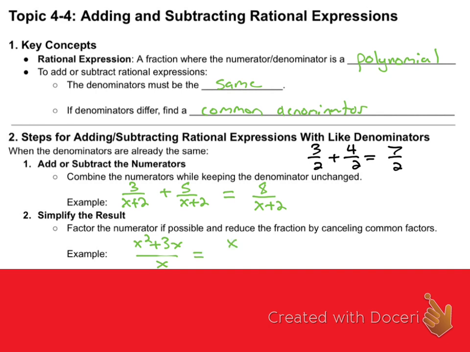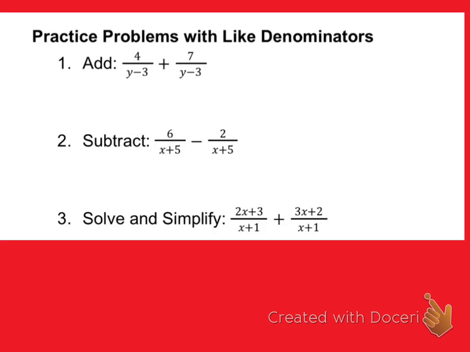X. We could take out an x, which would leave us with x plus 3 over x, and then we could cancel out those x's, which would mean our answer would just be x plus 3. All right, so go ahead and try these practice problems here, and we'll go over them.